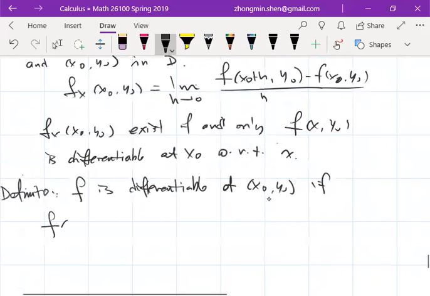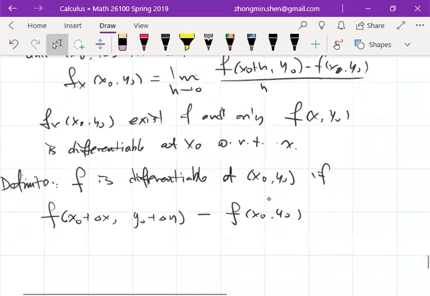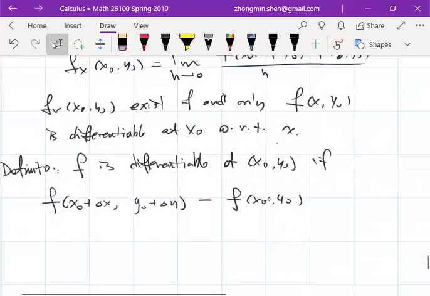If f of x naught plus delta x, y naught plus delta y, minus f of x naught, y naught, right? This is the difference. Sometimes it's also called delta z, okay? This is also denoted by delta z if you denote z equals f of x, y, okay? And this is going to be equal to this.